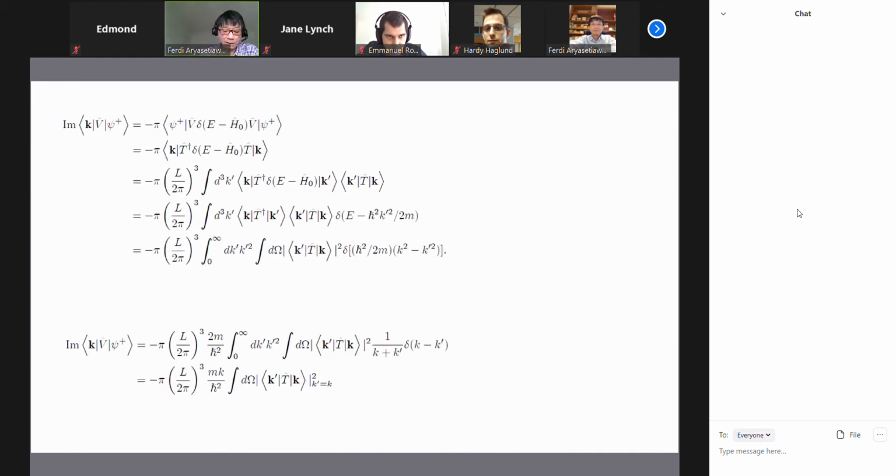So then the imaginary part of this scattering amplitude, so that's proportional to the scattering amplitude, is given by this expression here. So that just comes from what we had earlier in the previous slide.